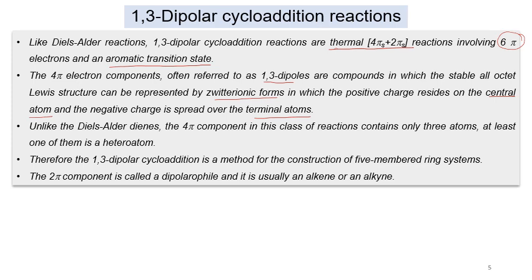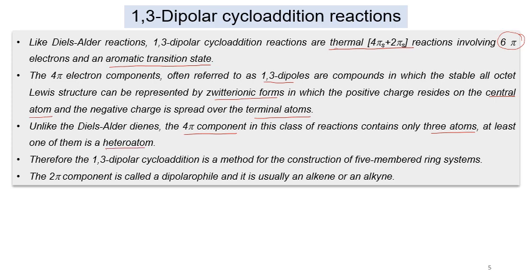Unlike our Diels-Alder dienes, the 4 pi component contains only 3 atoms. Your diene in a Diels-Alder has 4 atoms, whereas the 4 pi component in this class of reactions will have only 3 atoms, of which almost always one of them will be a heteroatom.